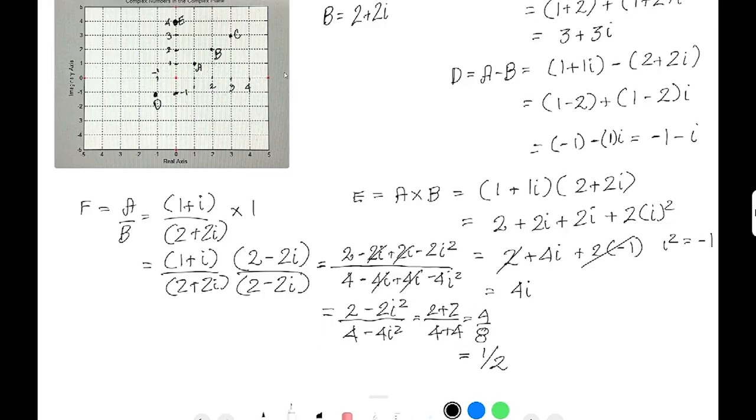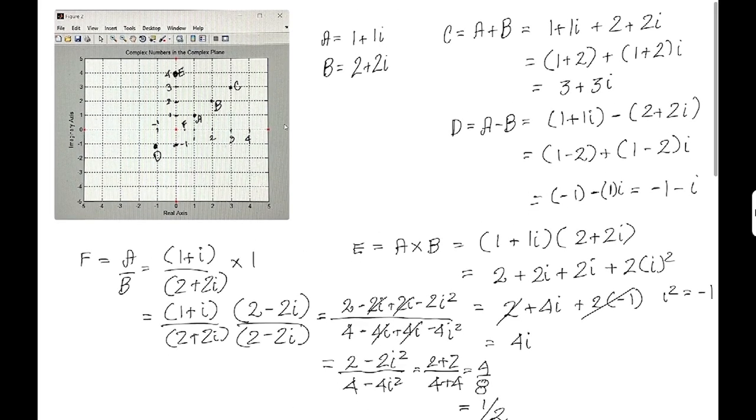That equals 1/2. So if we were to plot this, it would just simply be right here. So that concludes our demonstration for both addition, subtraction, multiplication, and division.